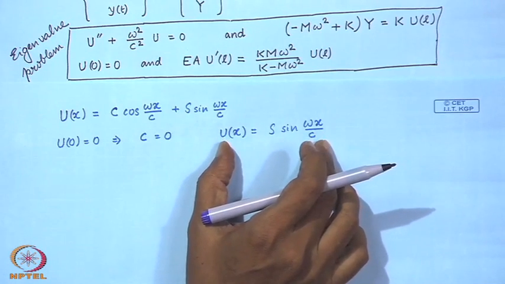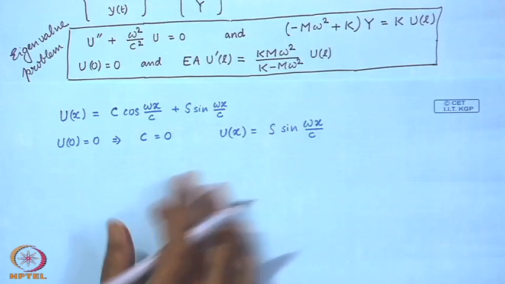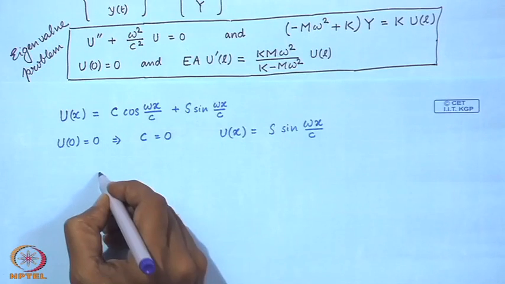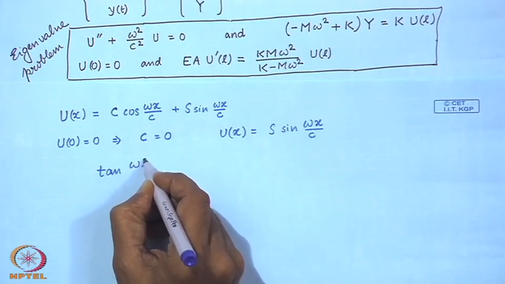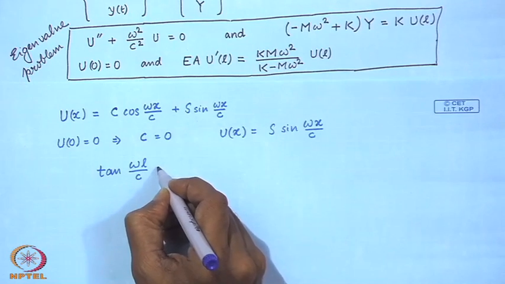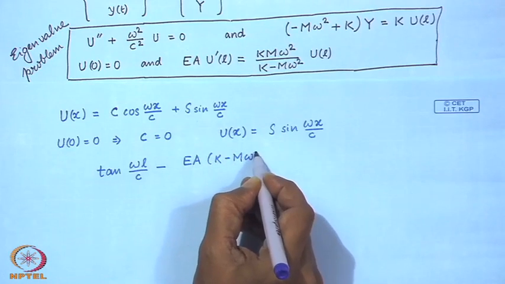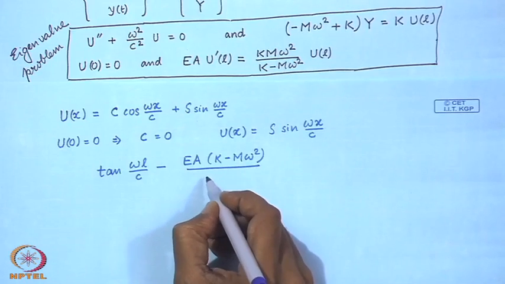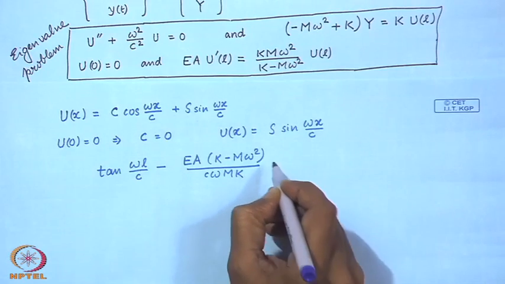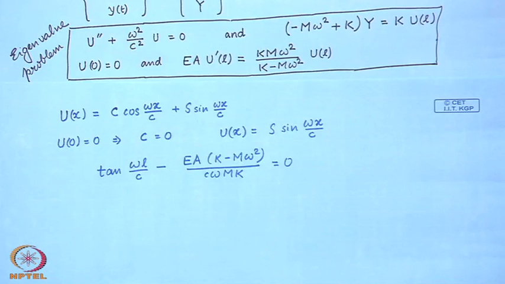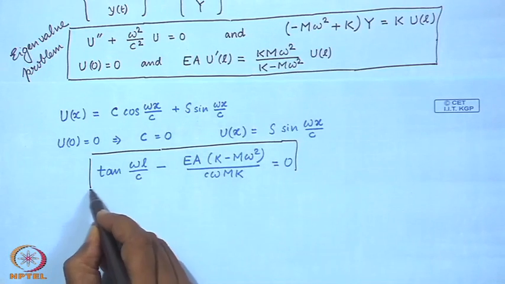Now, if you substitute this in the second boundary condition and simplify, then it can be checked that we obtain this condition, which is the characteristic equation of our system.